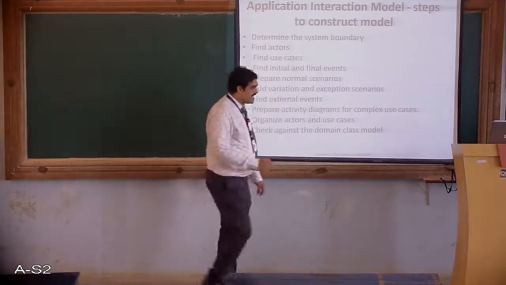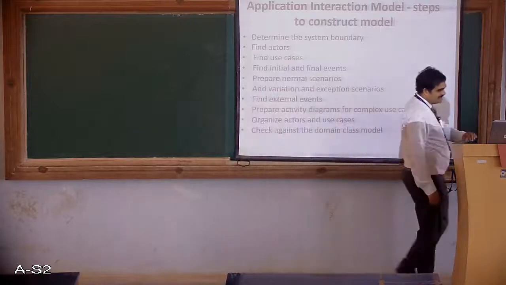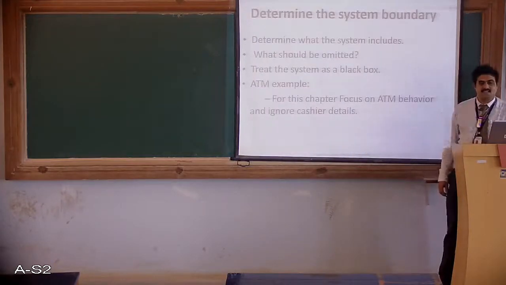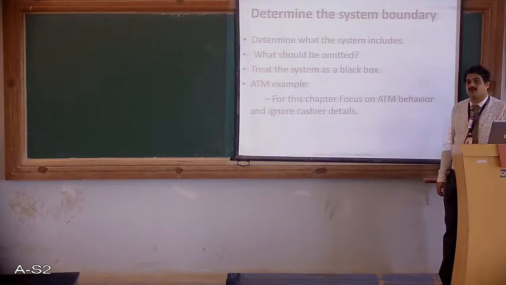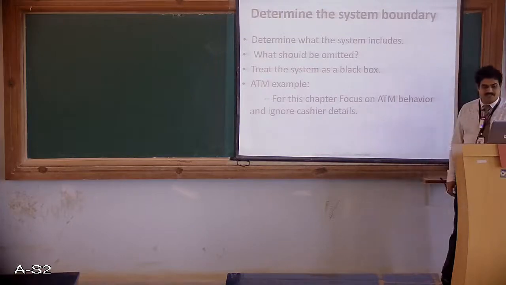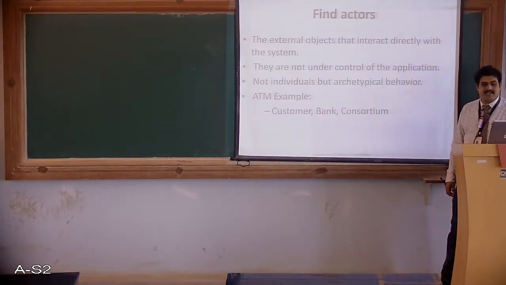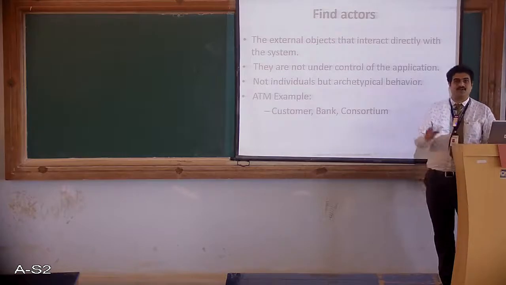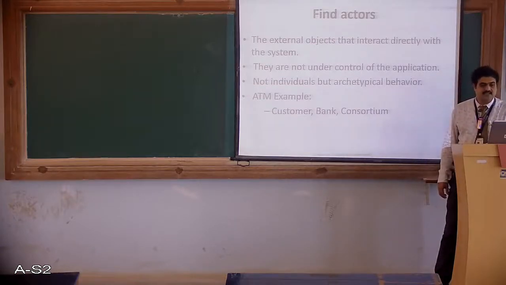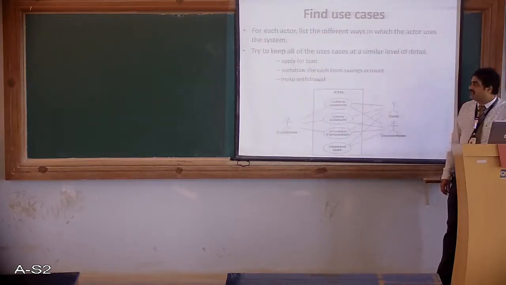Now I'll scan through this PPT of what we had discussed in the previous class. This is about determining the system boundary, and identifying the actors, which may be external objects, or defining the roles. Then we come up with the use cases.